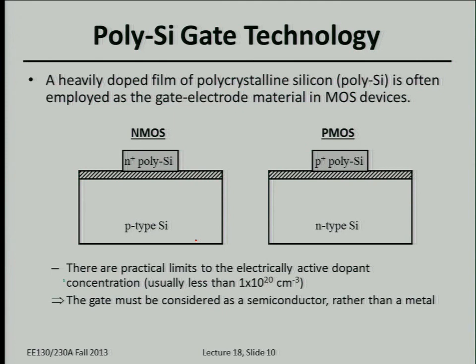One reason is because the polycrystalline silicon is defective. It's not a single crystalline material, so there are lots of grain boundaries. At the grain boundaries, there are a lot of dangling bonds because the crystal structure doesn't line up properly.